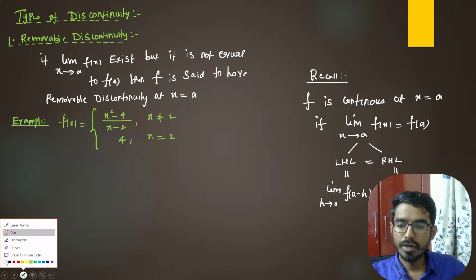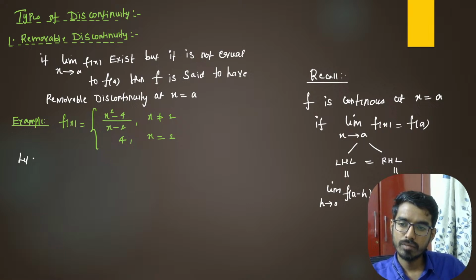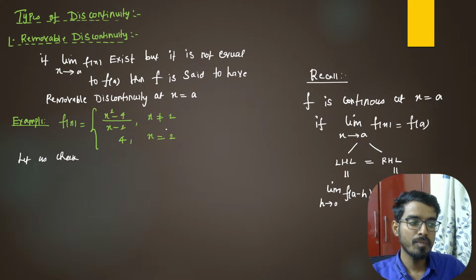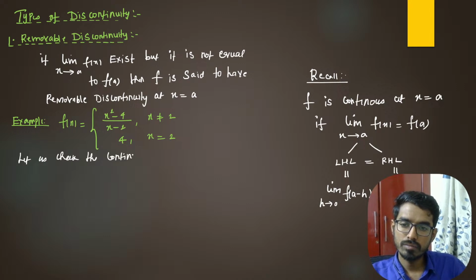Let us check the continuity at 2. We check where the function is breaking, that is the important point. All other points it will be continuous only.